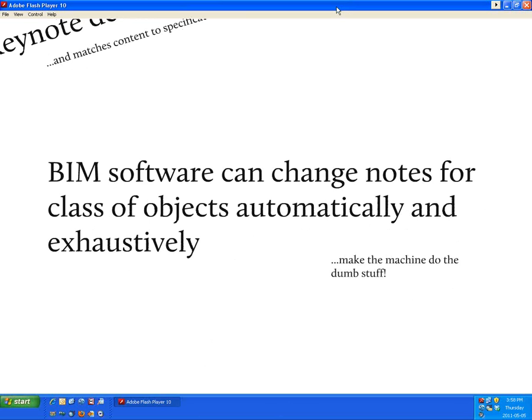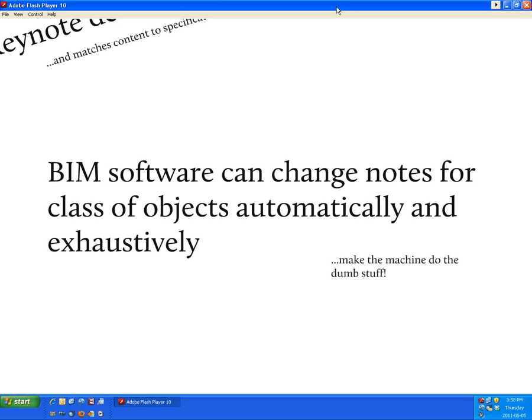So the advantage then of BIM software is that if for some reason we make changes to the keynotes during the process, it can automatically update throughout the model. We don't have to go and find every instance, because it's really just referencing from a detail back to a list, and you replace the entry on the list, and the keynote is automatically updated.